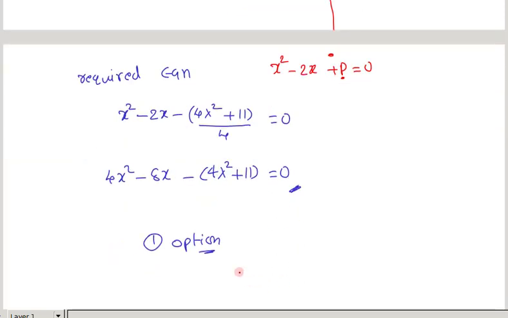On taking LCM, this equation can be written as 4x square minus 8x minus of 4 delta square plus 11 is equal to 0. This is our first option of our question.